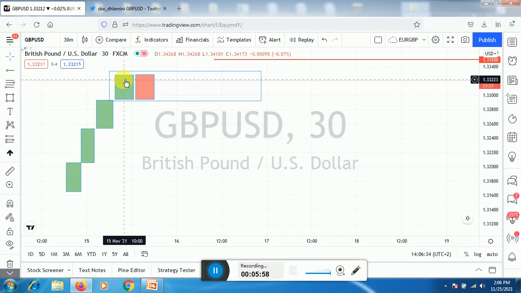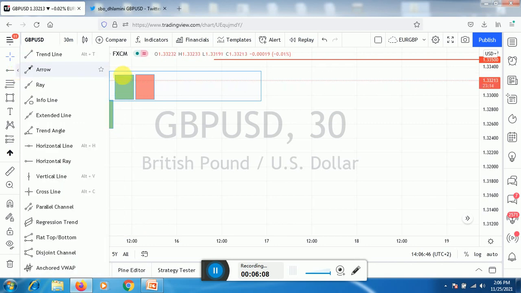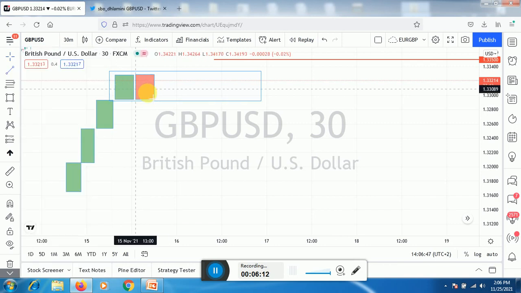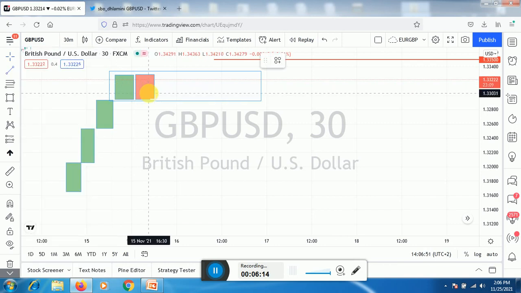This bullish candle right here is now an institutional order block. Why? Because since this large bearish candle has occurred, the market will start trading lower, right?